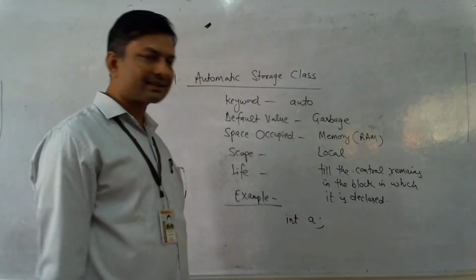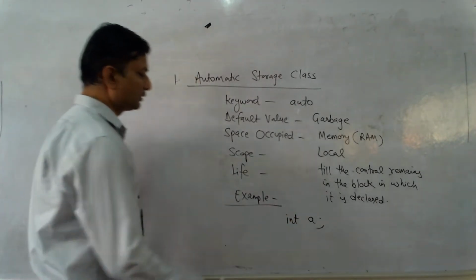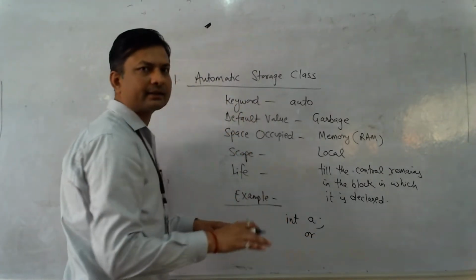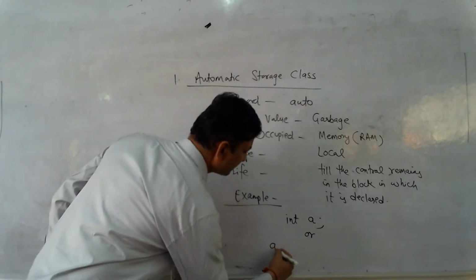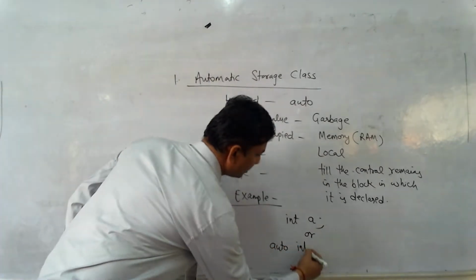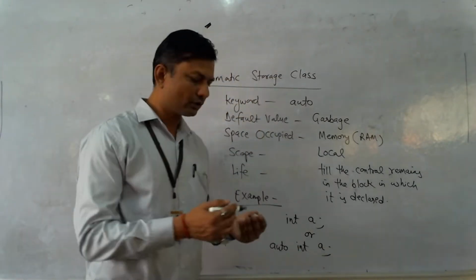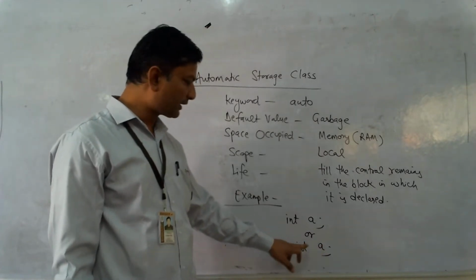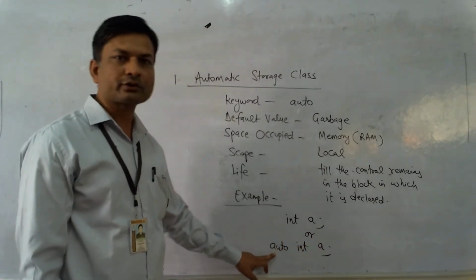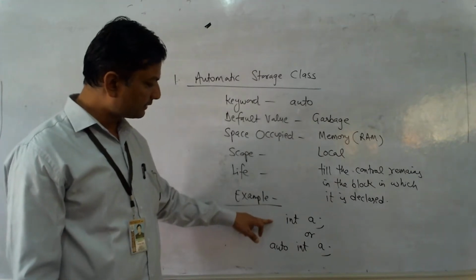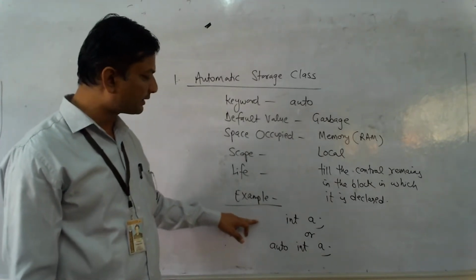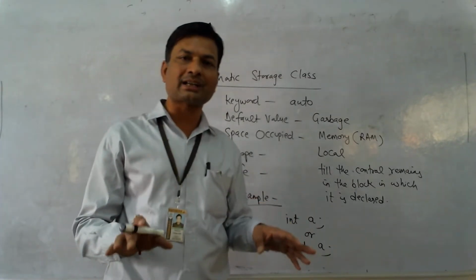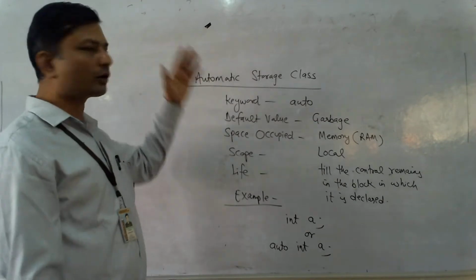So which storage class does it belong to? As we have not written any storage class before it, or we can write the name of the storage class, like auto int a. In this statement we have written that a is a variable of data type int belonging to auto storage class, and in the above statement, we have not mentioned the name of the storage class. Actually, when we do not mention the name of the storage class, it automatically belongs to auto storage class.